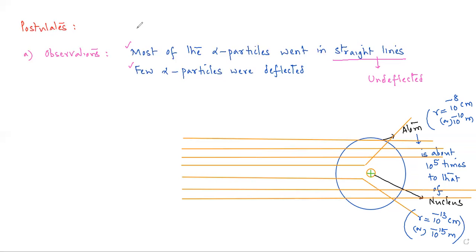And this nucleus consists of protons and neutrons. These are collectively called nuclei. Okay. And suppose, very few, of course, if something goes this way, it is deflected back by larger angles, right?